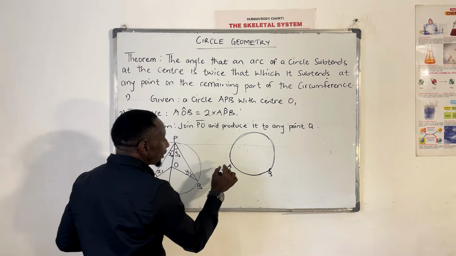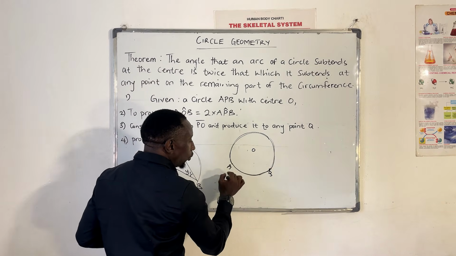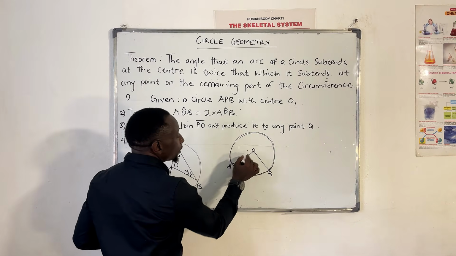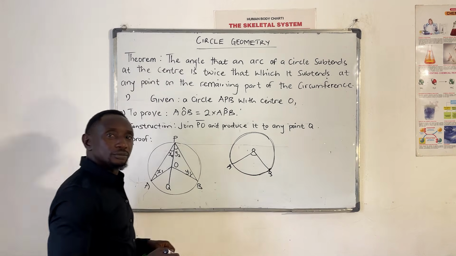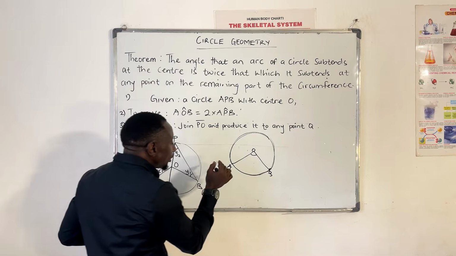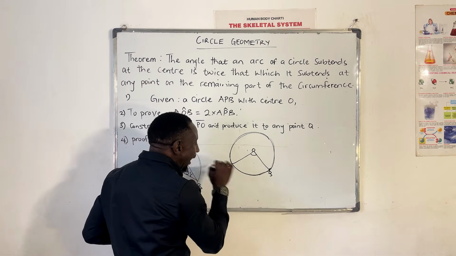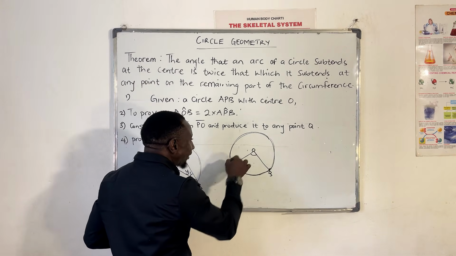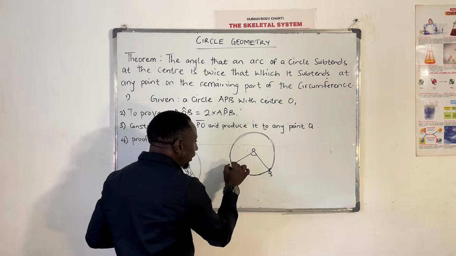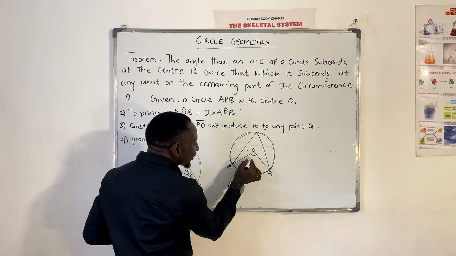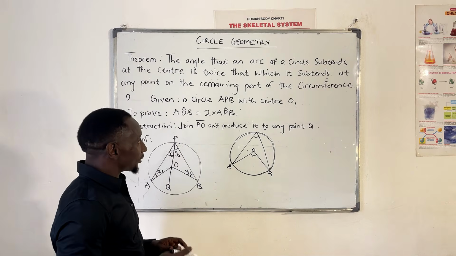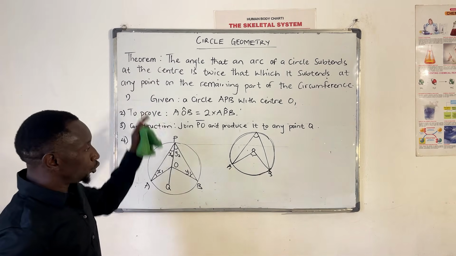Now we are saying that if this is the center of the circle, O, and this arc AB subtends an angle at the center, this theorem is saying that if you also have another angle at any part of the circumference that is subtended by this same arc AB, the one at the center is twice the one at the circumference, and that is just what we want to show today.